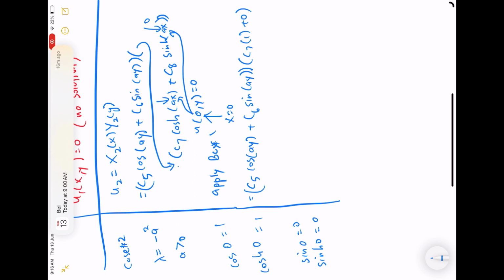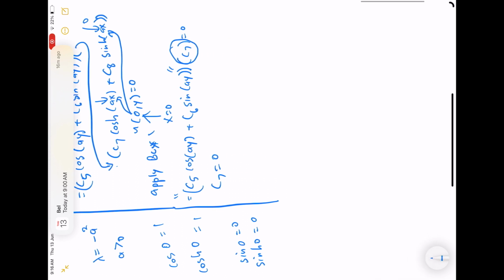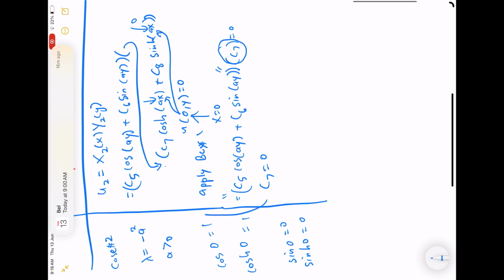Okay, so now c7, who will be responsible to become 0? Because y is a variable, you cannot touch it, so only c7 is responsible to become 0. When c7 becomes 0, we go back to this solution here and we just remove c7 because c7 is already 0.